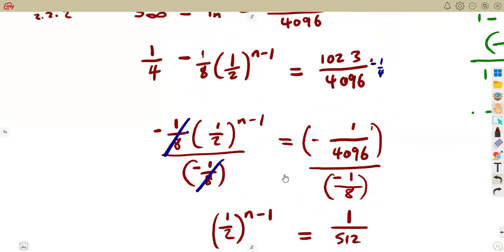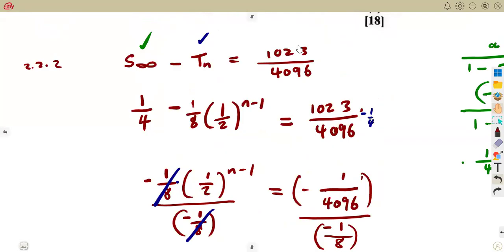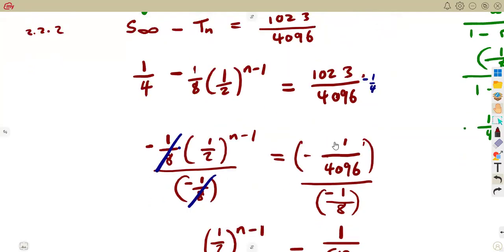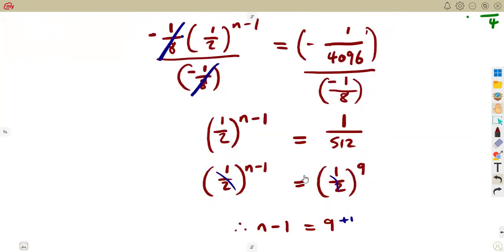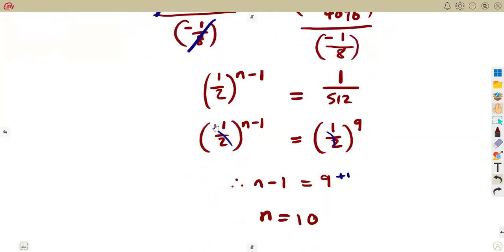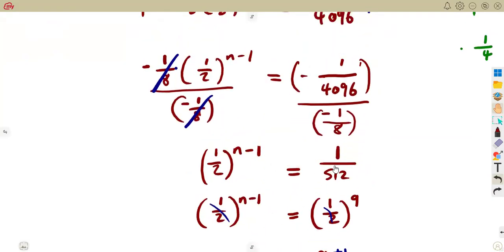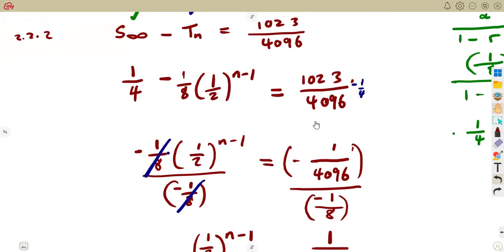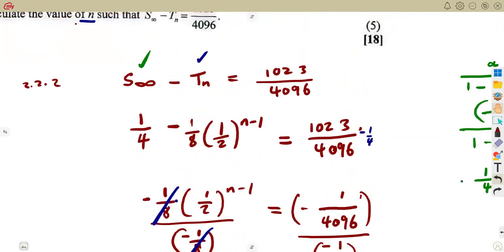So this is the value of n that we are being asked at a condition where we are given that the sum to infinity minus Tn is equal to this. So some of these questions, you form an equation from the given statement. So they are going to ask maybe another typical question of this nature, but only different values being used. You follow up the same way, answering the questions. It is easier that way. You find whatever that you're given, they can talk about maybe it's S3 or it's S4.